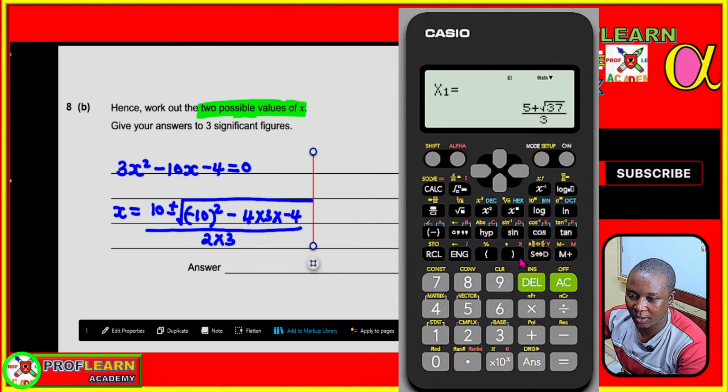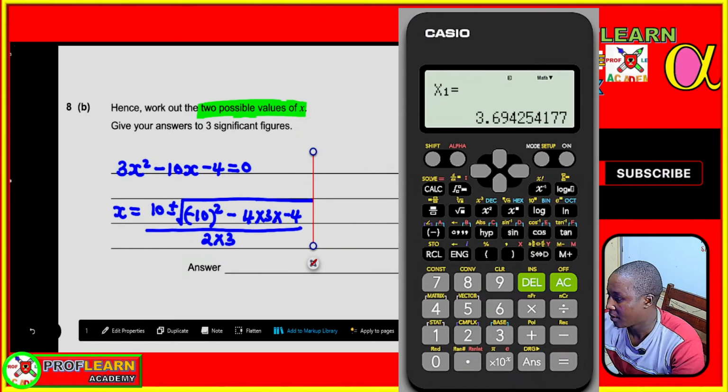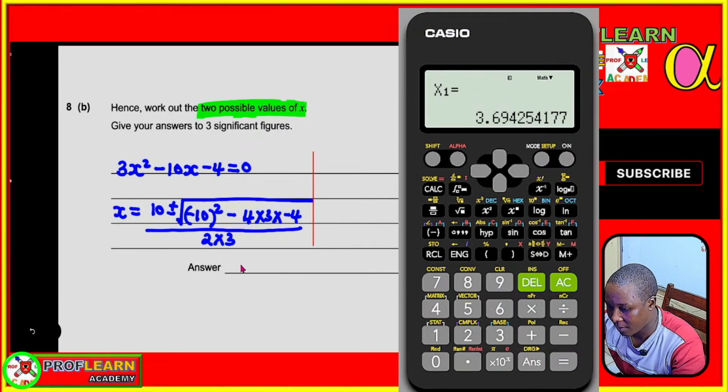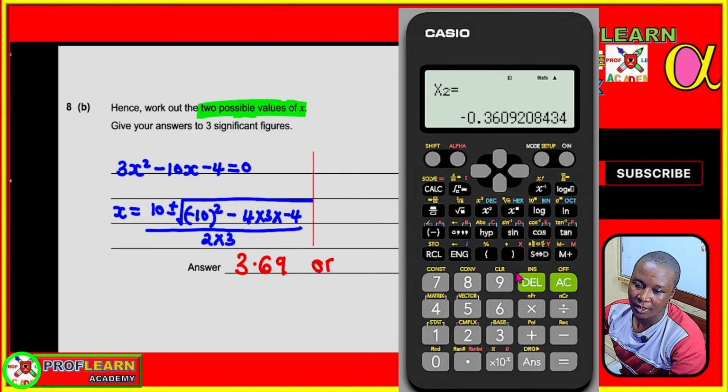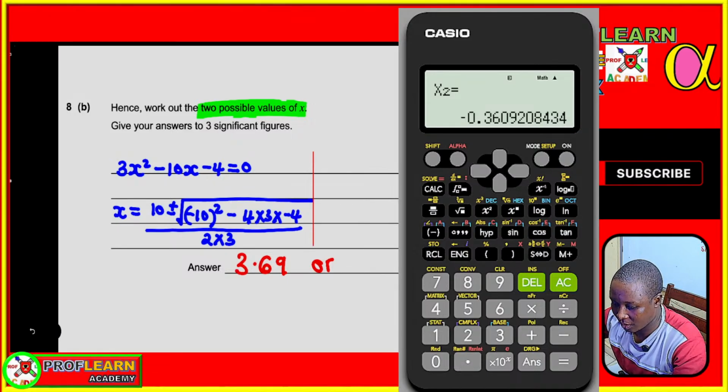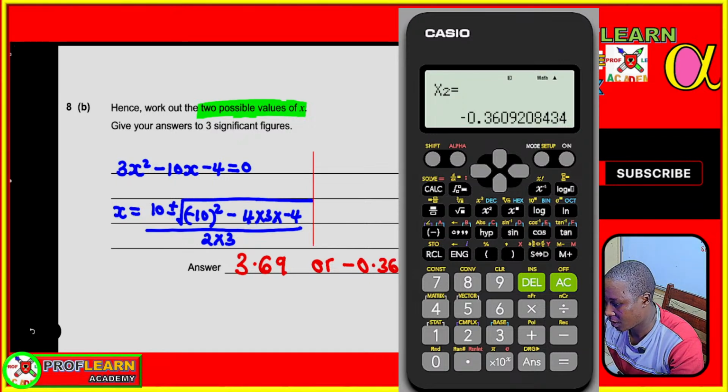As a decimal, the first answer will be X equals 3.69, or the second answer is X equals -0.361.